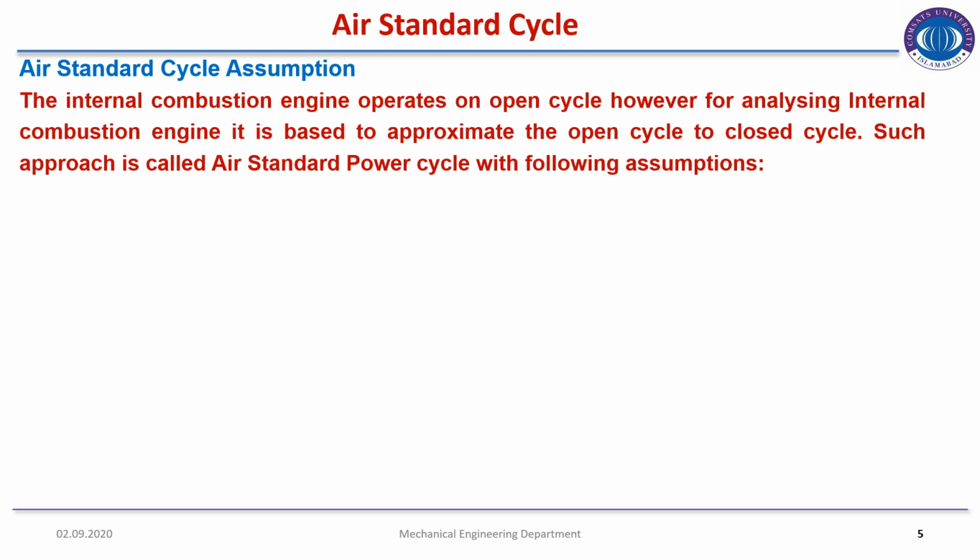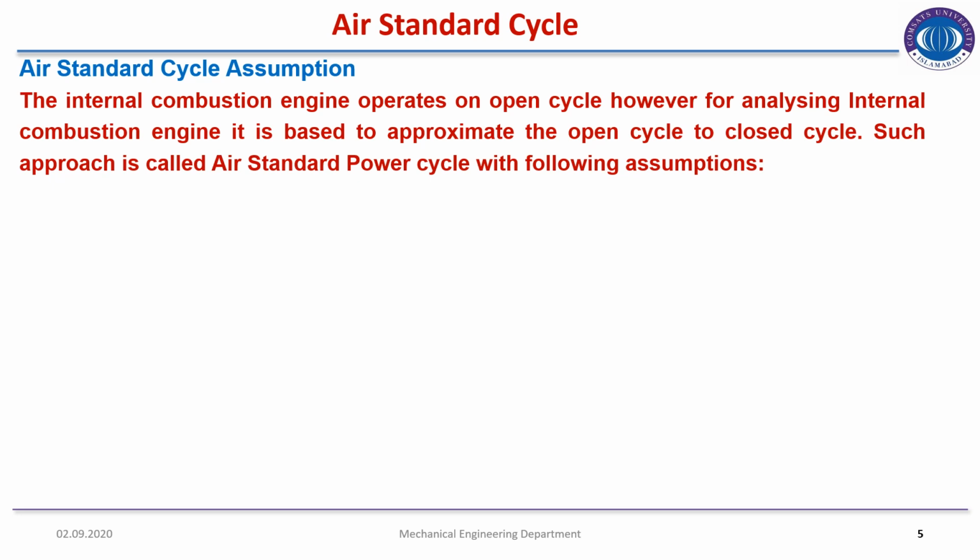At the start of the lecture, I already told you what open cycle and closed cycle are. In a closed cycle, the working fluid retains its state and comes back to the initial state, whereas in an open cycle, the working substance is renewed after each cycle.